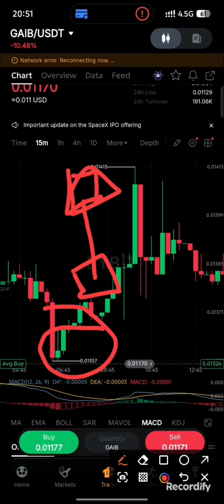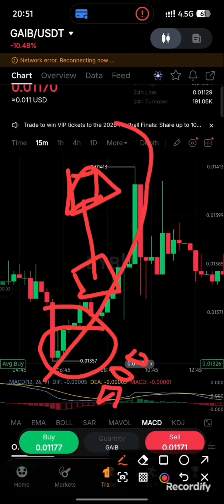When this hammer forms, and you realize that this hammer is no longer one, it has been added 1 or 2 green straight candles, then it's another good time for you to dive in, because it's a strong reversal sign. That was what happened here.